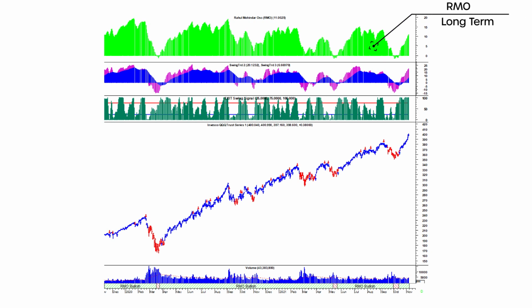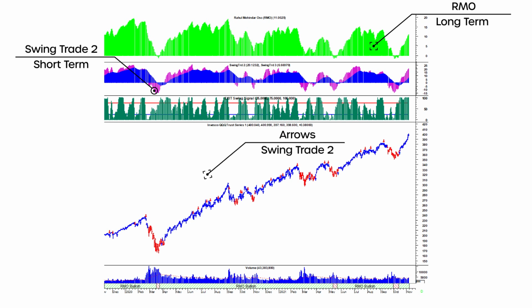As we said previously, the RMO long-term indicator is positive. It is above 0. Now we're starting to look at swing trade 2, which is a shorter term indicator. On the chart, it is the blue arrow showing that it has turned positive.